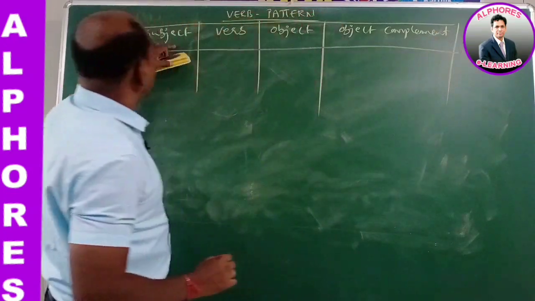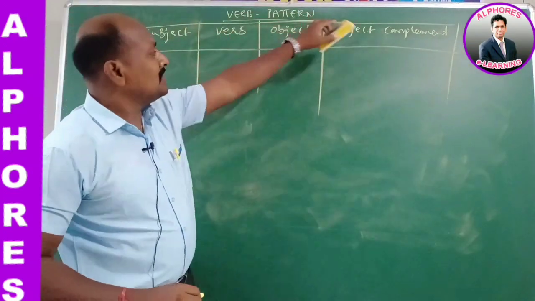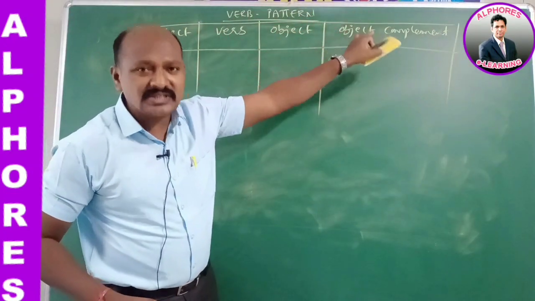See, subject, verb, object, and telling about the object is called object complement.